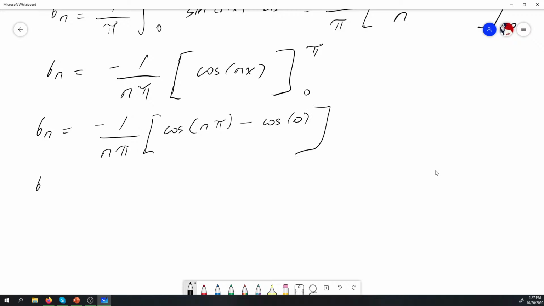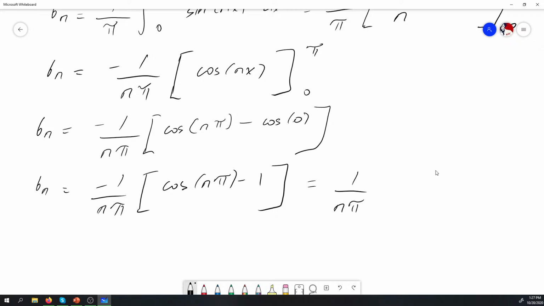So b of n ends up being minus 1 on n pi of cosine n pi minus 1. And if we flip this around and change the signs accordingly, this will become 1 on n pi into 1 minus cosine n pi.